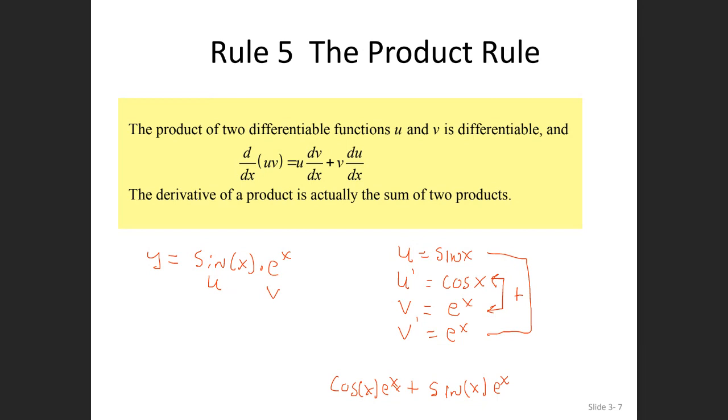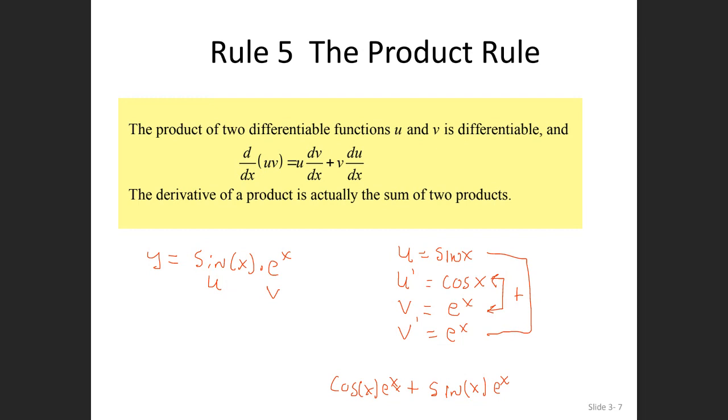Usually when we take a derivative, it gets smaller. But when you have a function times a function, it actually makes the derivative a little bit bigger than your original function was. Okay, so I always teach students to go u prime, v prime. It's the same thing here, u dv dx.